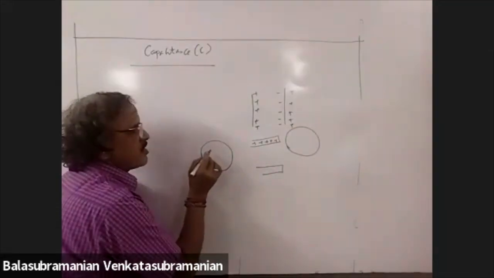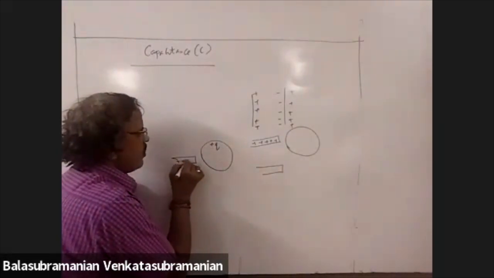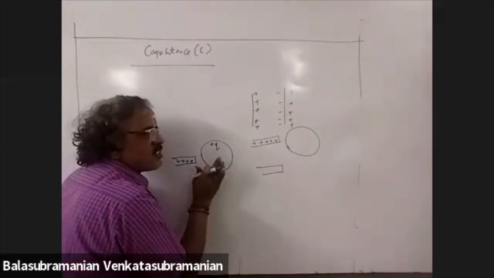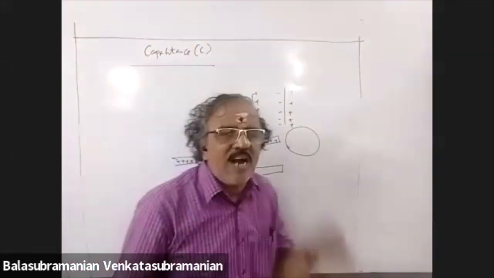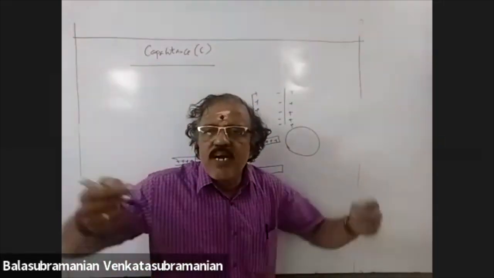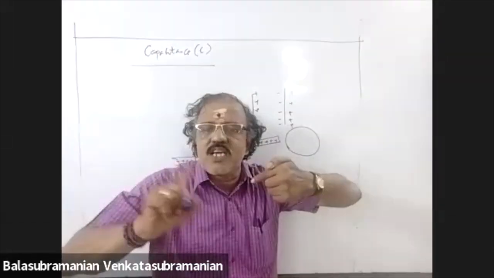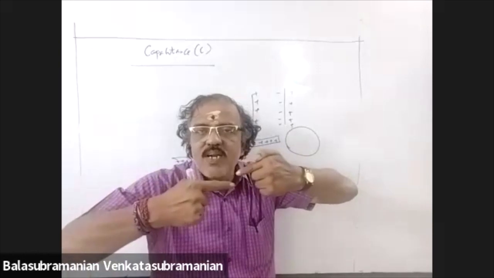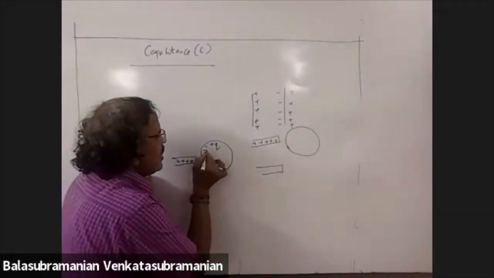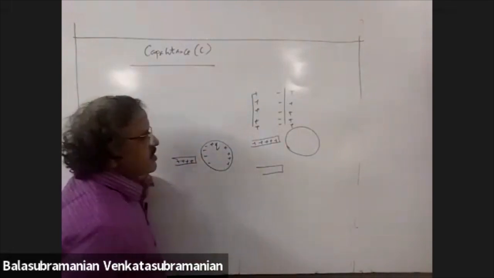Here is charge plus Q. You are bringing a conductor closer. This is a sphere, electrically neutral, having equal numbers of positive and negative charges. But the moment you bring another charged conductor nearby, without touching, the nearer end becomes oppositely charged and the far end becomes positively charged.